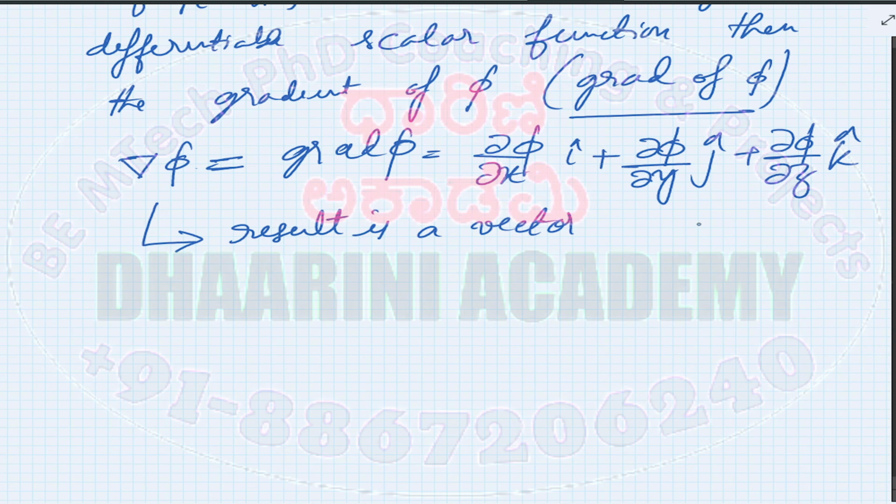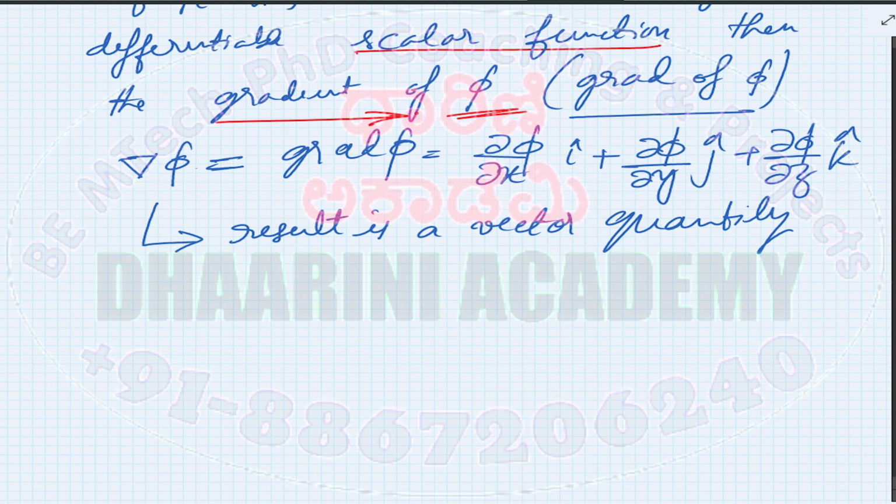So you understand one point here. I'm taking a scalar function, that is this phi. So phi is a scalar function, but when you apply the gradient to that particular function phi, the result is going to be a vector quantity. Why?